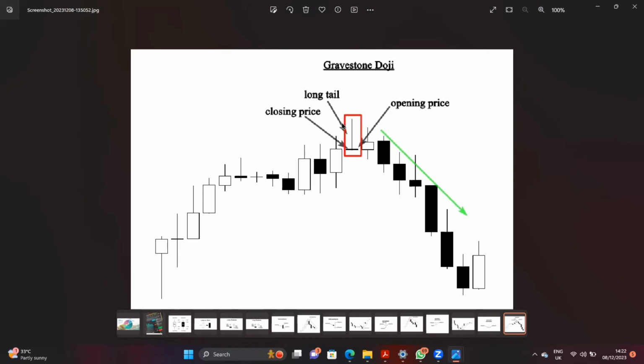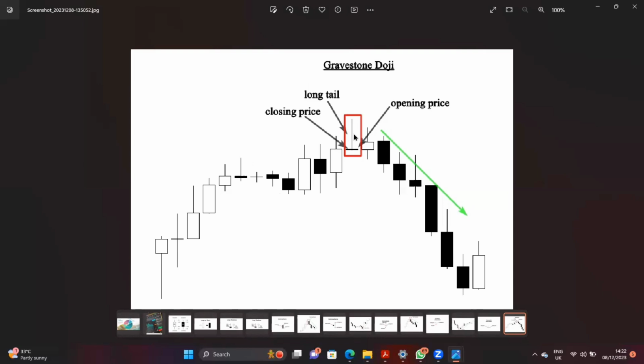This chart I'm displaying right here shows a gravestone doji at the top of an uptrend, after a period of strong buying activity. The formation of this candlestick pattern indicates that buyers are no longer in control of the market.